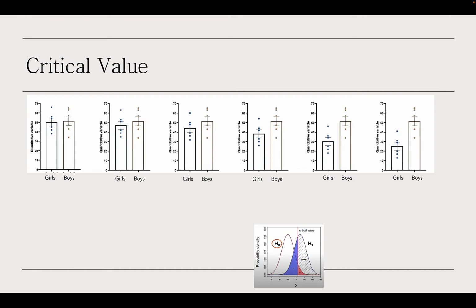And so if we look at the very first graph on the left side, as I mentioned before, we could randomly sample in that overlapped area, where these two curves overlap.